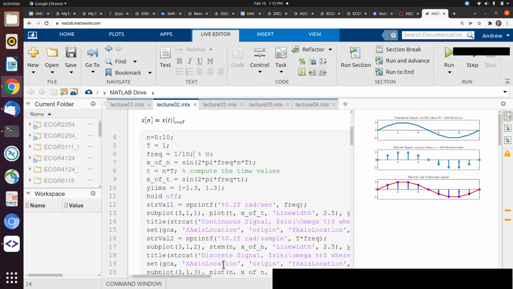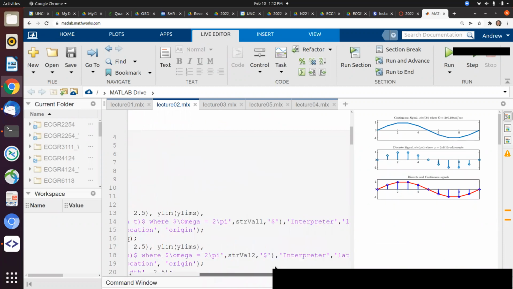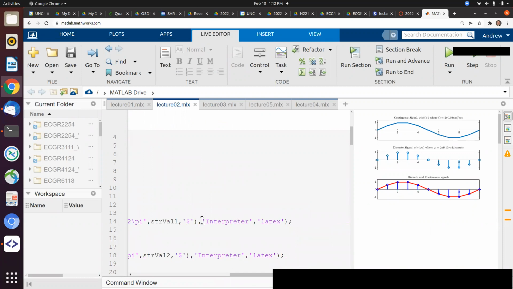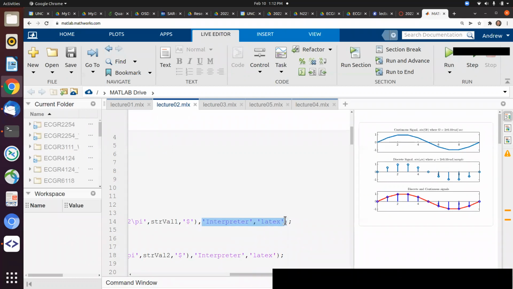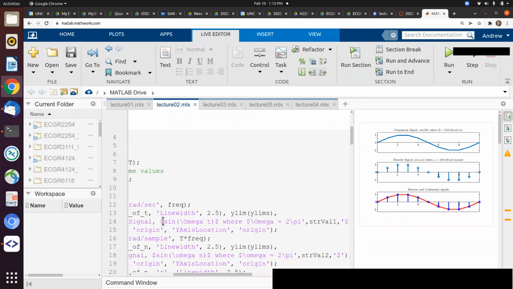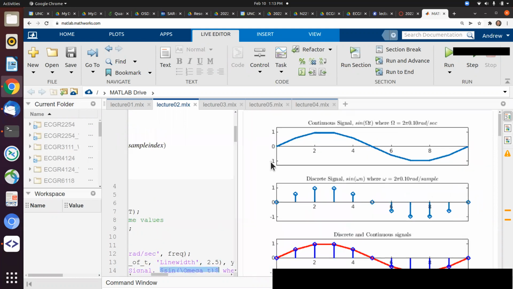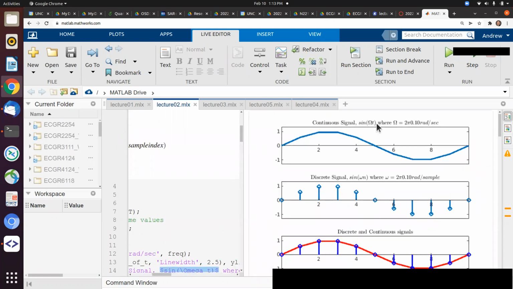In which case, the code isn't actually as simple as you might think. You do this, but then at the end, you have to have a special parameter that says use the LaTeX interpreter to interpret the string that I wrote before, so that when the interpreter sees this $\sin \Omega t$, it converts that into this sine of capital omega t.